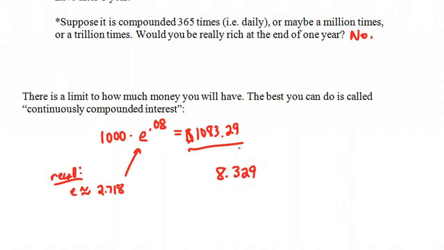Now, I think I rounded off a little bit, but 8.329% is the effective rate, or the annual percentage yield, for 8% interest if you're getting continuously compounded interest. And notice the effective rate is going to be greater than the original, stated rate. And also in a future video, I'll explain how to calculate the APY, how to calculate the effective rate.